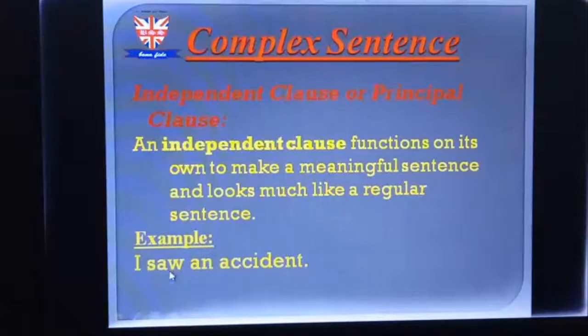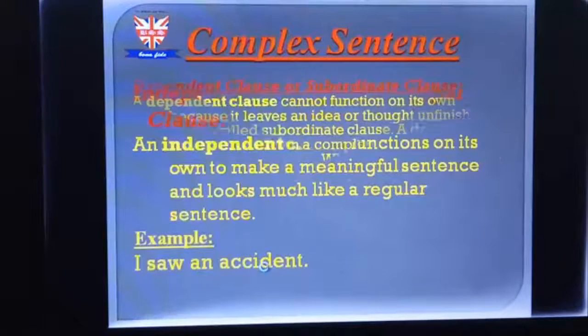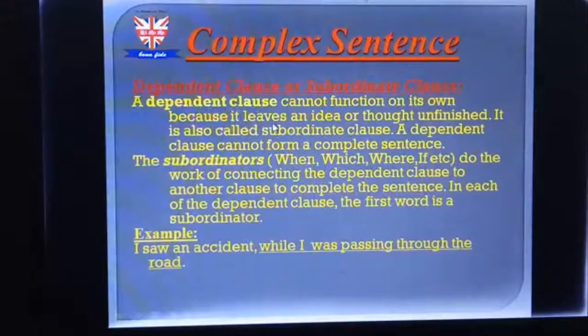You can see the example: I saw an accident. It's a complete sentence. And a dependent clause cannot function on its own because it leaves an idea or thought unfinished. It is also called a subordinate clause. A dependent clause cannot form a complete sentence. On the other hand, a dependent clause means an unfinished clause.